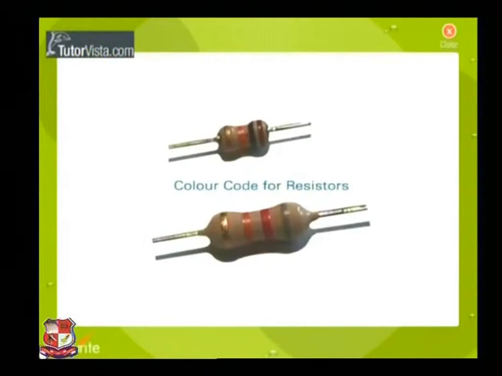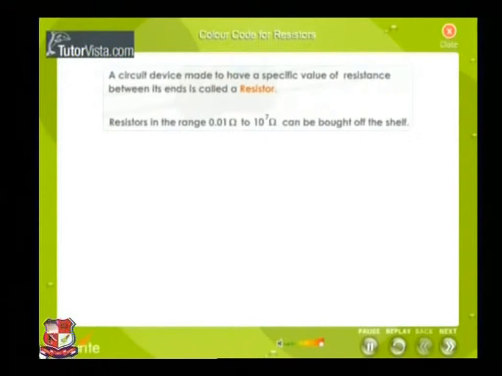Color code for resistors. A circuit device made to have a specific value of resistance between its ends is called a resistor. Resistors in the range 0.01 ohms to 10 to the power 7 ohms can be bought off the shelf.